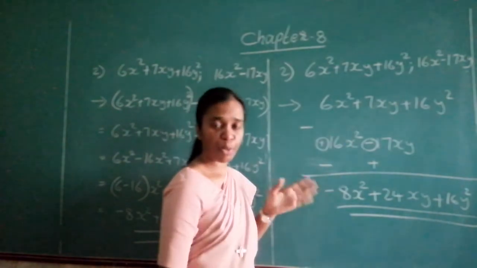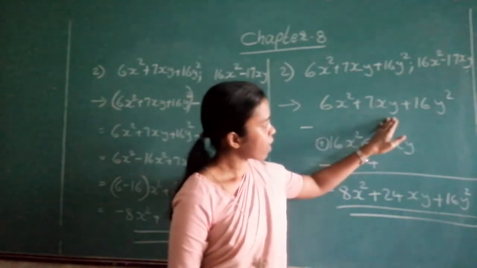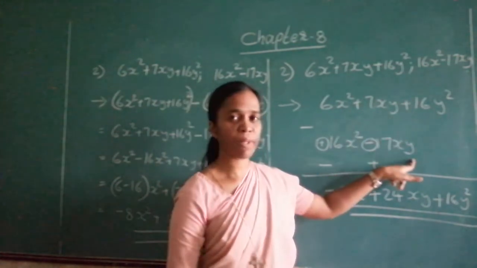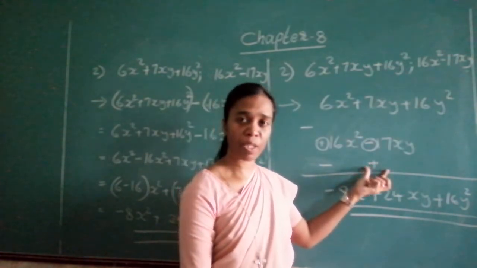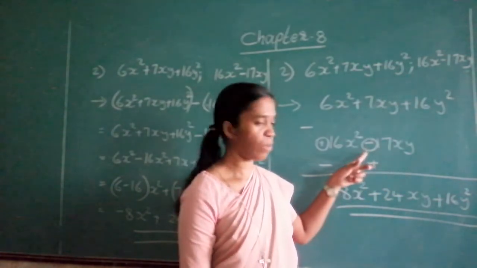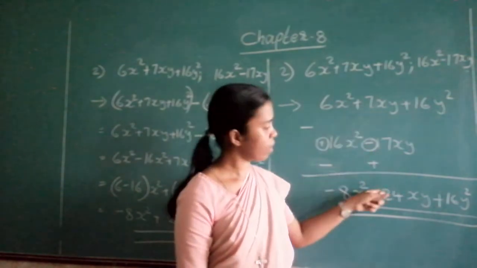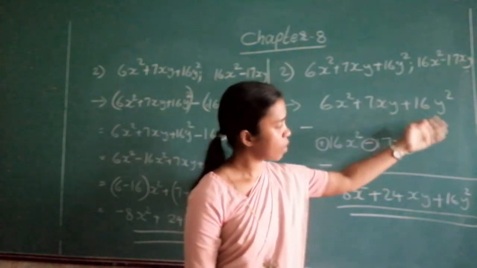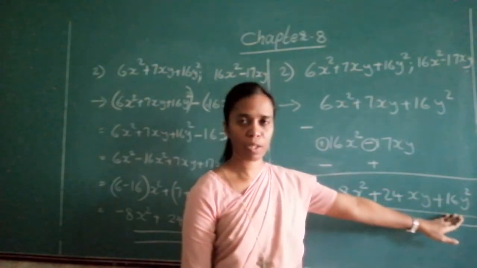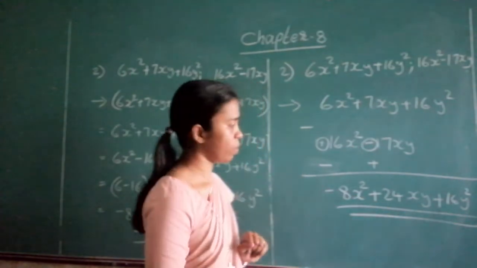Since it is difference, minus 8. 7xy plus 17xy. Right? Consider this sign, whichever you have written, not the first sign. Plus 17xy. So 17 plus 7, 24xy. 16y square. There is nothing over here, so it is written as it is. 16y square. I suppose this is clear to you. Please copy.